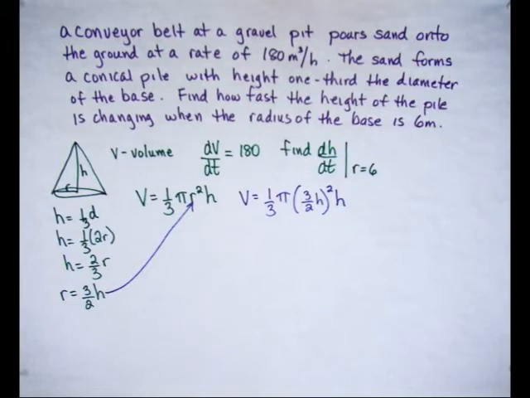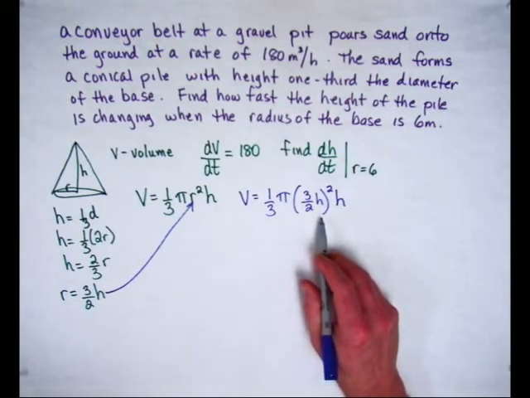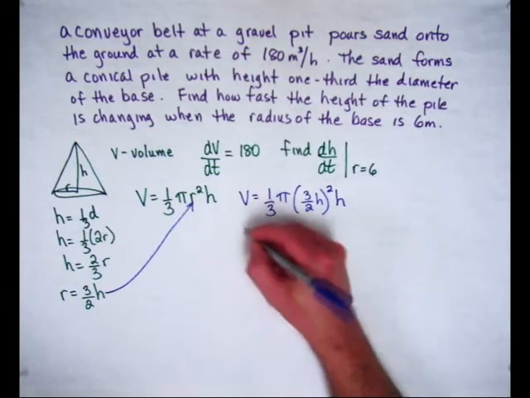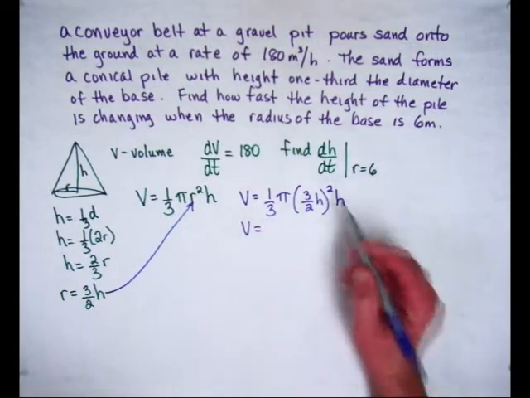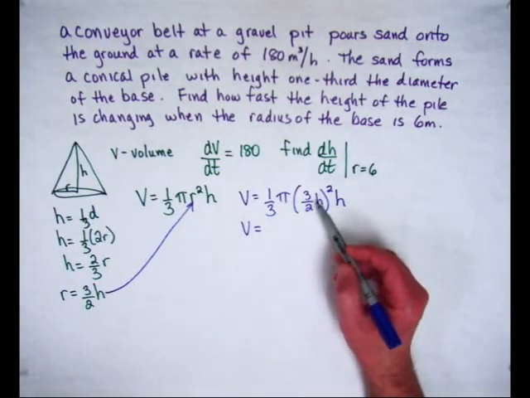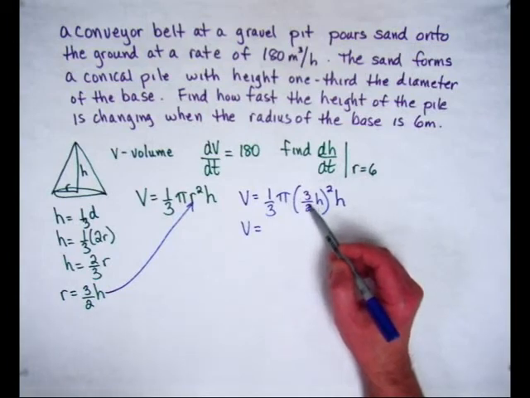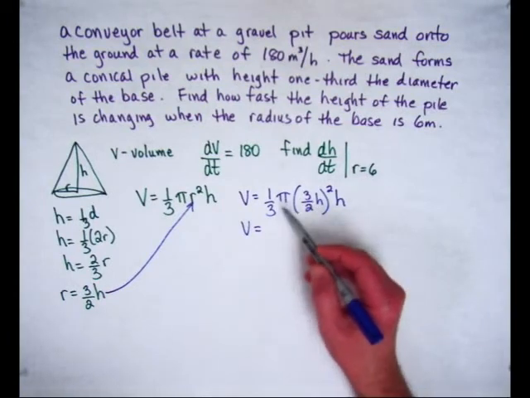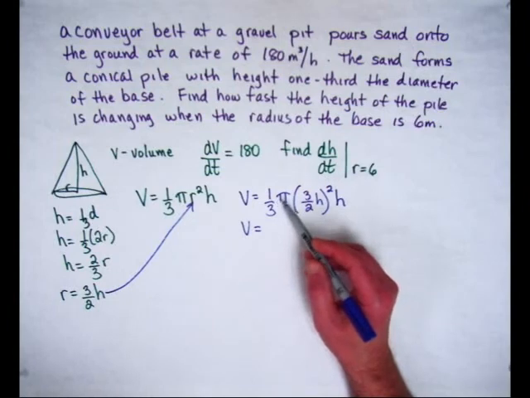We could differentiate that formula in its given state, but that would be very difficult, product rule and everything, so it's best to tidy that up a little bit. So what I'm going to do is square the 3/2, which will be 9/4, and multiply the 9/4 by the 1/3.